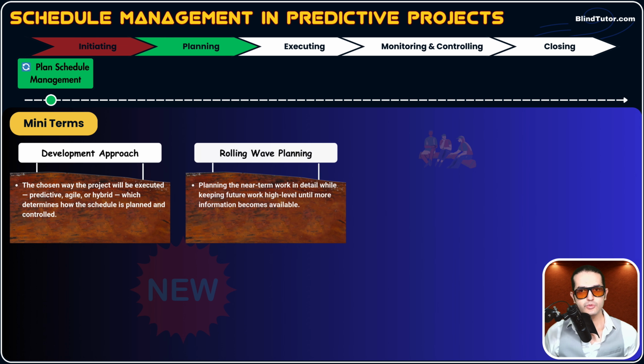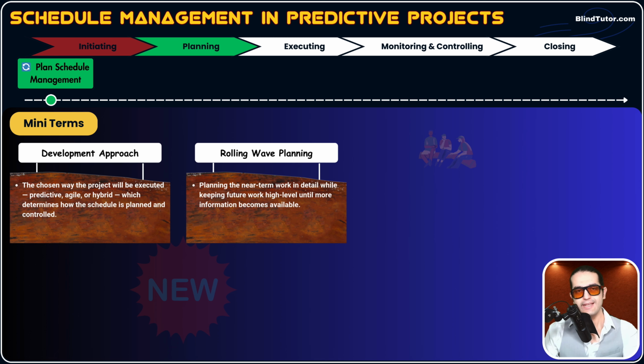The next term is rolling wave planning. What's rolling wave planning? It's planning the near-term work in detail while keeping future work high level until more information becomes available. Okay, that's why it is called rolling wave. The wave will become bigger over time. So, guys, we use the concept of rolling wave planning when we know so many details about near work.